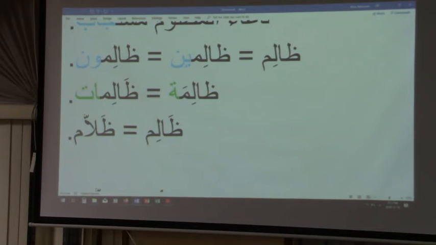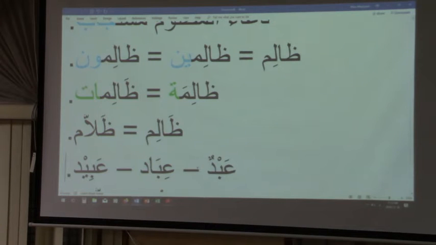Let's do this word. Abd. What is the meaning of abd? A servant or a slave. The plural of abd is ibad, and also the plural will be abeed. So this is what we need to highlight first. Abdun is a servant.